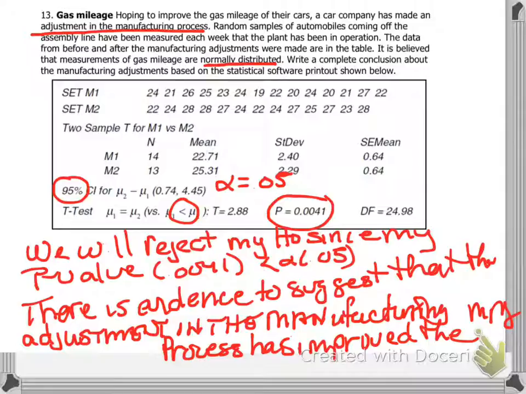Improved is good. So you need to write the decision and the conclusion.